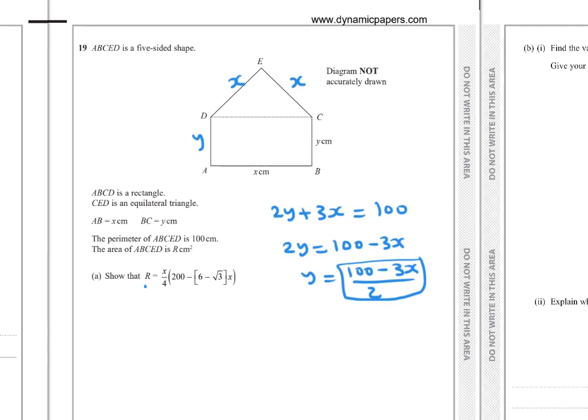Now we need the area. R equals area of rectangle plus area of equilateral triangle. Area of rectangle, x times y, length by width. Area of equilateral triangle, we have a formula: half times side, which is x, times side, which is x, times sine 60.